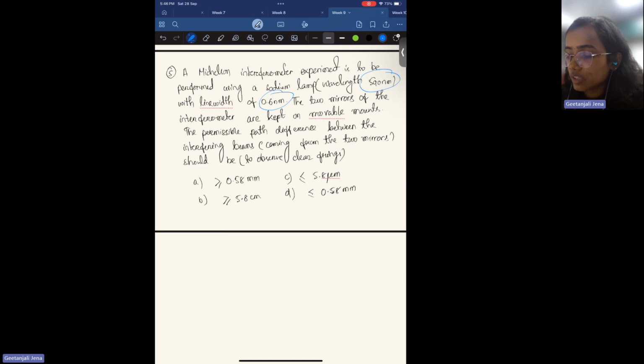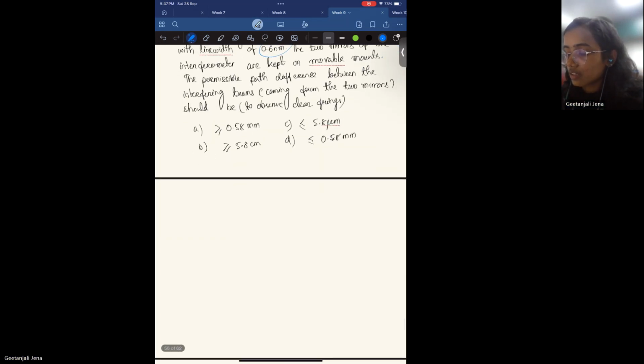The two mirrors of the interferometer are kept on movable mounts. Then the permissible path difference between the interfering beams coming from these two mirrors should be? What is the path difference between these two mirrors such that we can see a clear fringe pattern on the screen?